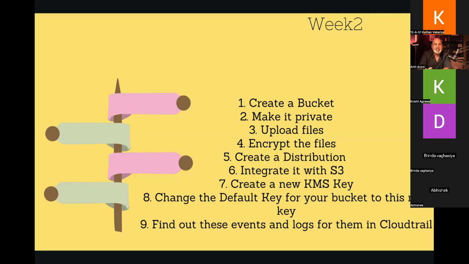Then we will create a distribution. Now you put up your file in the S3 bucket, you locked it. How can anyone access it? So we will be creating a CDN, which will act like a front end.